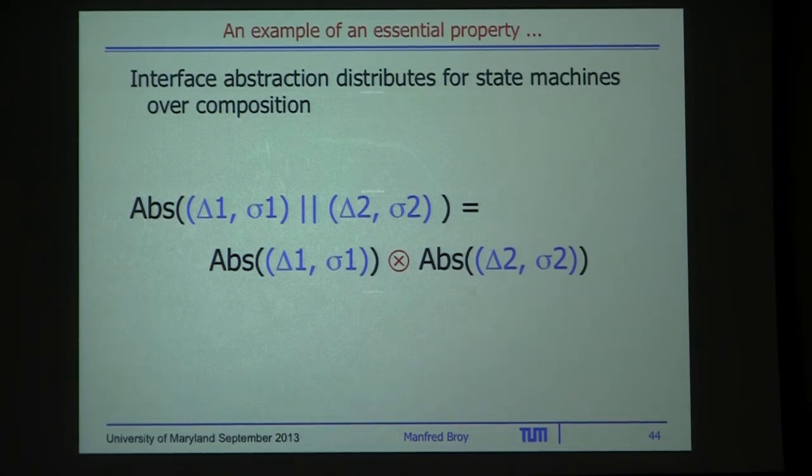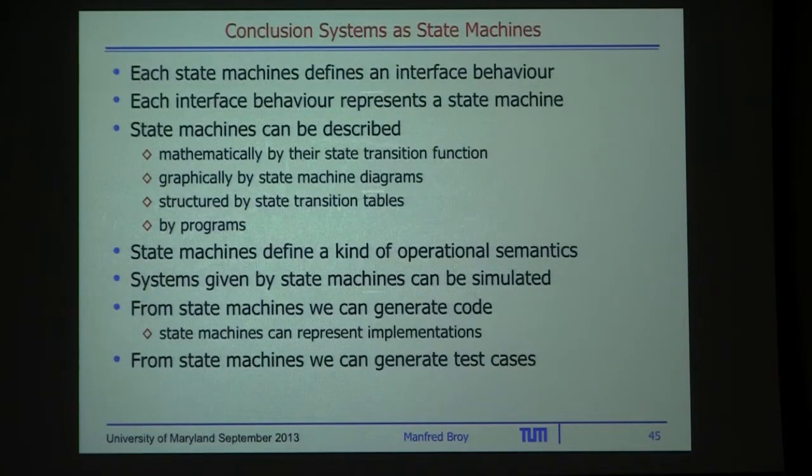By the way, this is an important property which you cannot even formulate at the level of UML, because UML does not allow you to show how an interface view is related to a state view. You could use state charts, but what the meaning of state charts is is a real long discussion.